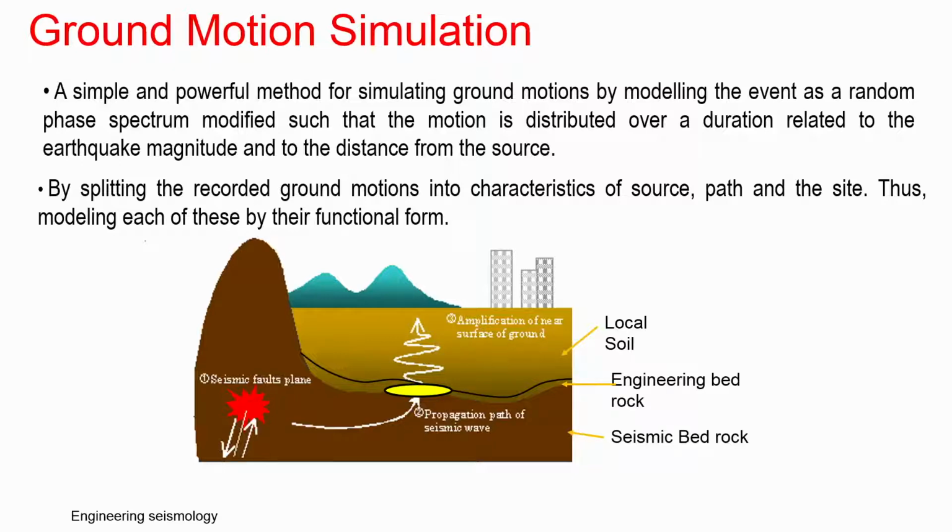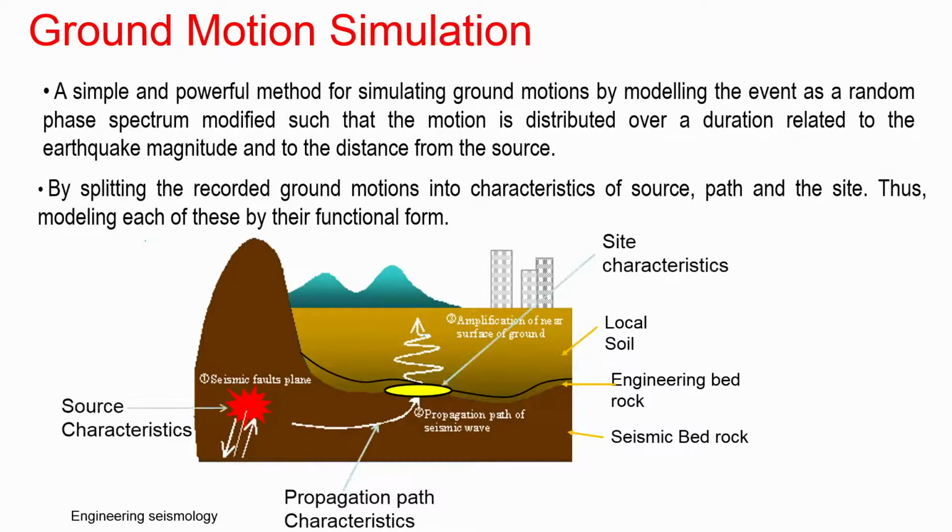So, that means the entire process, what we deal with, can be grouped into 3 categories. One is the source characteristics, which takes into account what happens at your source. The second is the path characteristics.